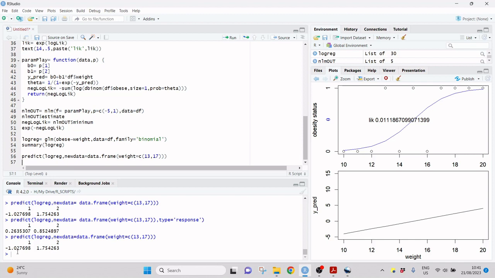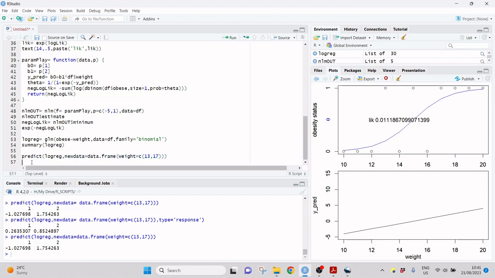So if we check, we have about -1 here for the mouse that was 13. So if we go here, 13, yep, that's about -1. And the other one, we set 17 as an input, so 1.75. So let's see, 17, yeah, that's probably also right, about 1.75. So again, this is not super helpful for interpretation.